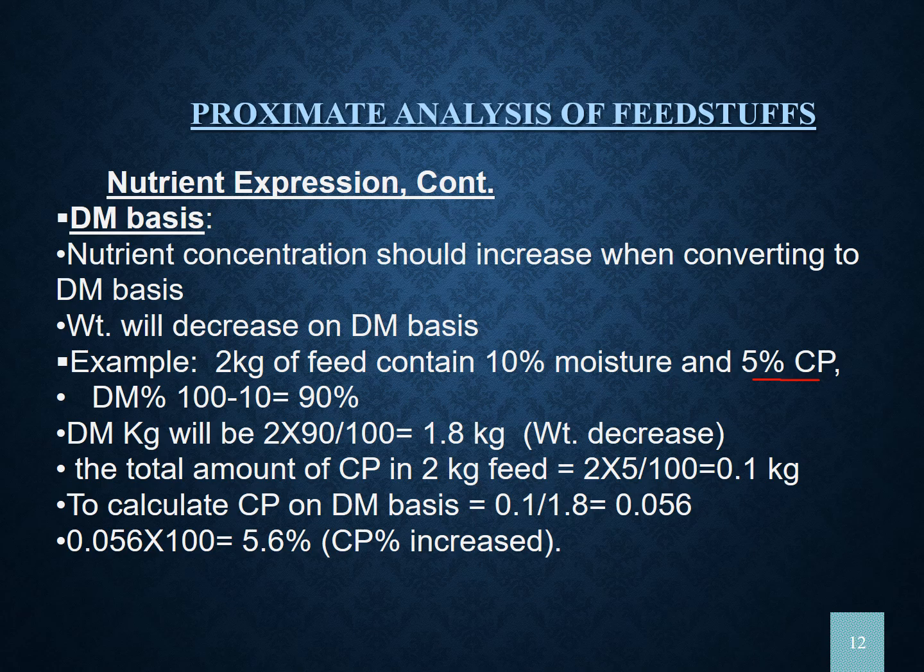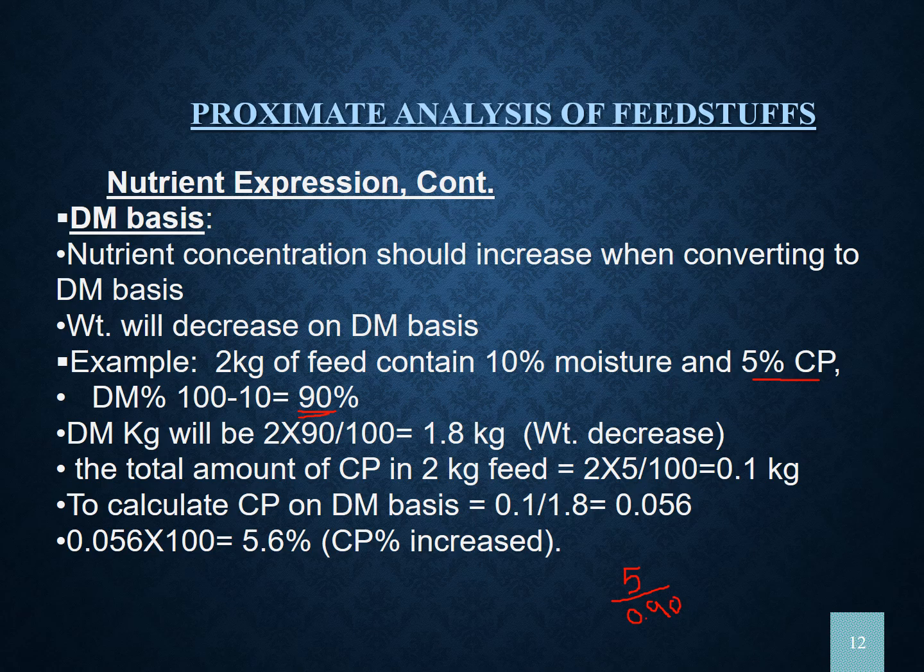After you know the dry matter percentage, you can just divide the 5%, or the certain nutrient concentration, by the dry matter percentage after you convert it to a decimal, like 0.90.